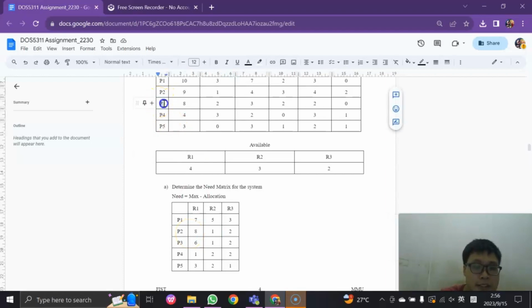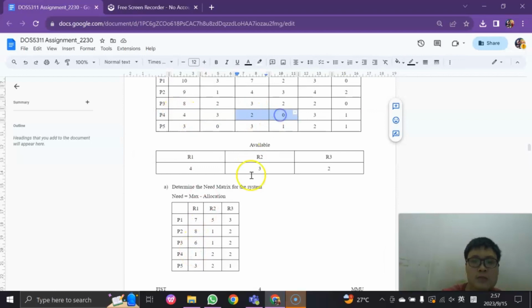At P3, in R1, 8 minus 2 equal to 6. In R2, 3 minus 2 equal to 1. In R3, 2 minus 0 equal to 2. So the answer for P3 is 6 1 2. At P4, in R1, 4 minus 3 equals 1.